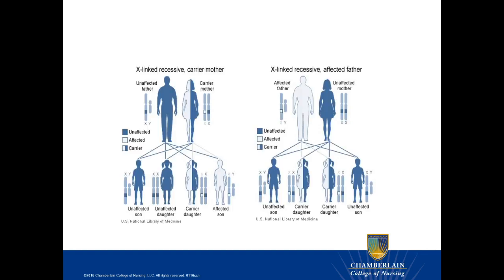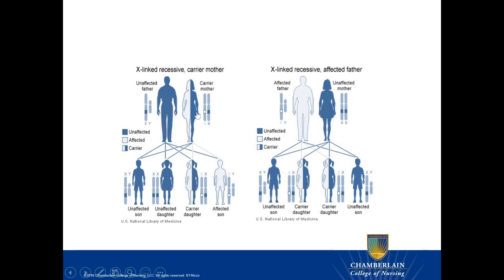Here's a little bit of the genetics. So the white side, the clear side, is the affected side. Let me be sure I've got that right. So here are the genes. Here's the affected X and the non-affected X. Okay.